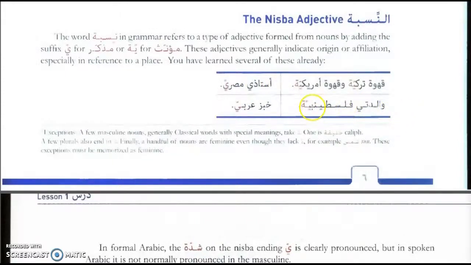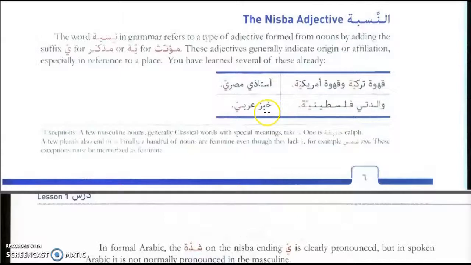Walidti Falastiniya. This word is walida, which means mother. When you put a suffix on walida, the ta marbuta transforms into a t, becoming walidti. My mother is Falastiniya. My mother is Palestinian.